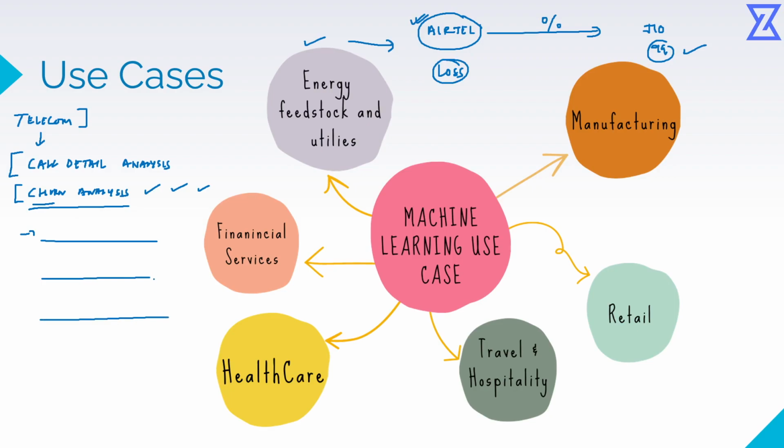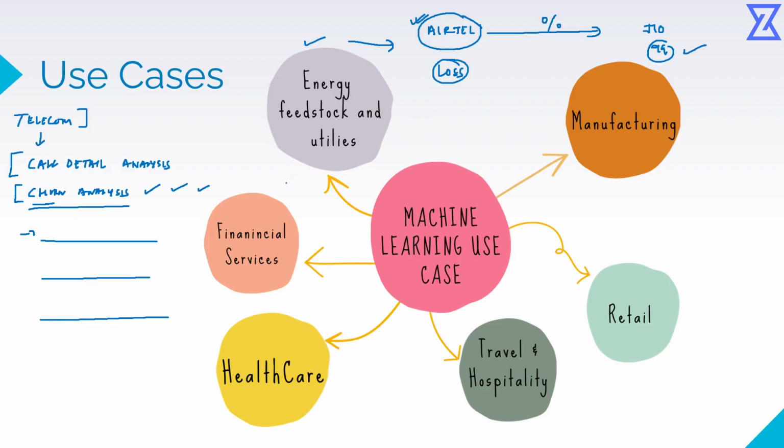Sentiment analysis on customers' calling details. Whenever you face any problems, you call the customer care, right? In banking, also, multiple use cases like credit card defaulters, fraud analytics, multiple things. Cybersecurity, multiple things: phishing, spam or ham, fraud detection.